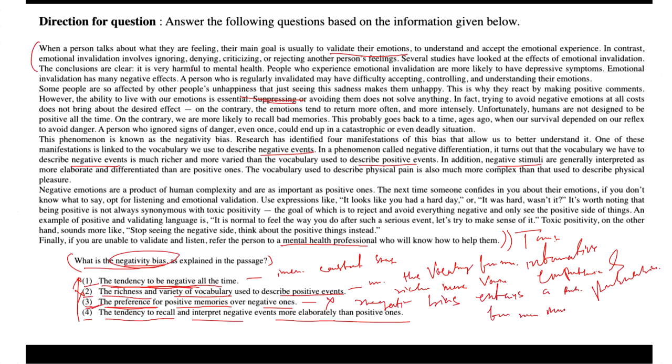Hence, options one, two, and three are all eliminated because they go against or disrupt the idea. Now, moving to the fourth option, obviously this is the last one. So I pointed it out as the correct answer, because we don't have any other option which will indicate the answer.